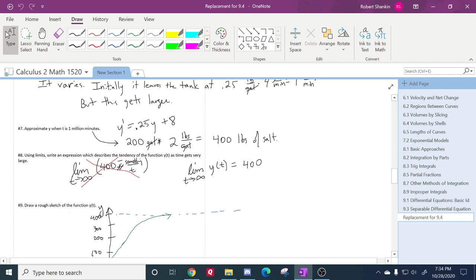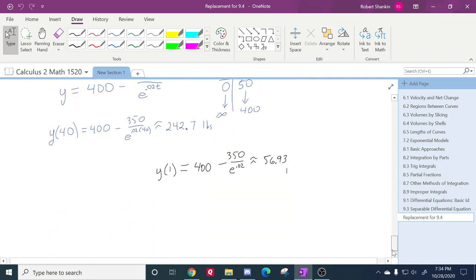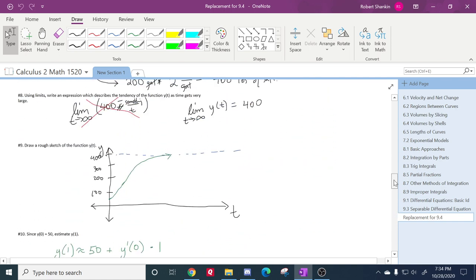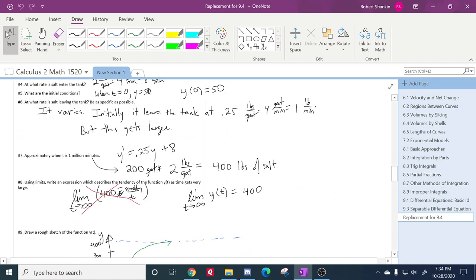Way back at number 8, somebody had anticipated the answer was going to be something like 400 minus something over t, so that we'd get the 400. And that's what we got: 400 minus something over an exponential function with t. So this was great anticipation way back over here, that the answer was going to be something like that.